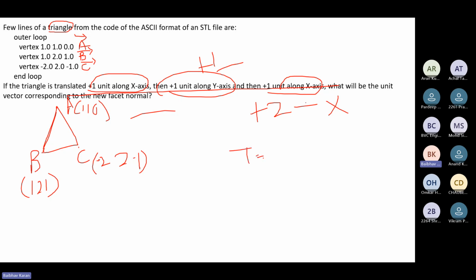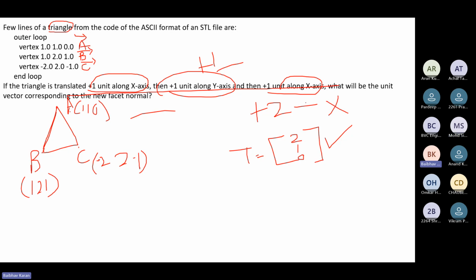The translation matrix will be 2 along the x-axis, 1 along the y-axis, and we are not moving along the z-axis. So your translation matrix will be 2, 1, 0. Right? Everyone with me? Yes or no? Yes, sir. Perfect.